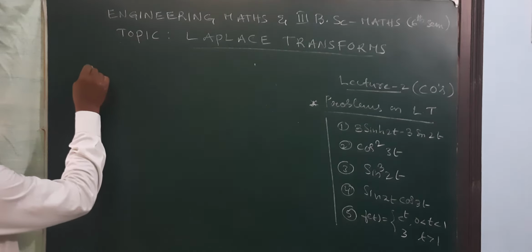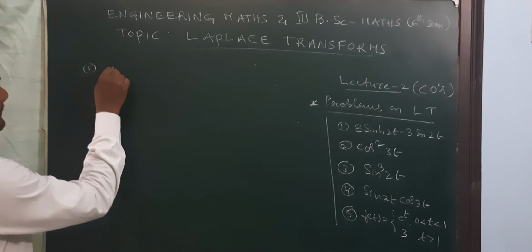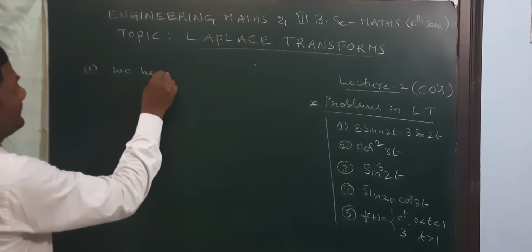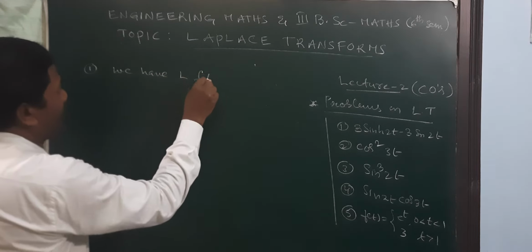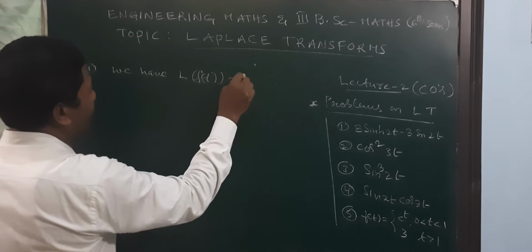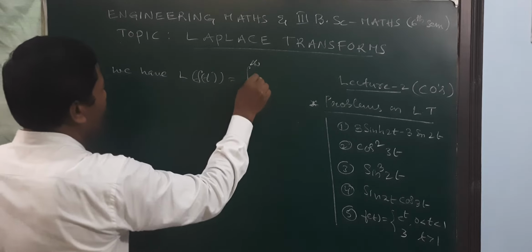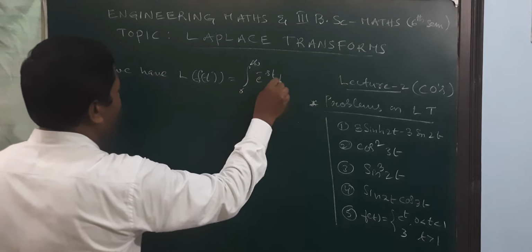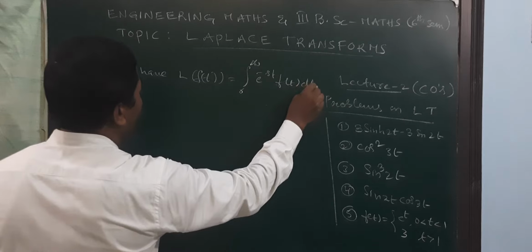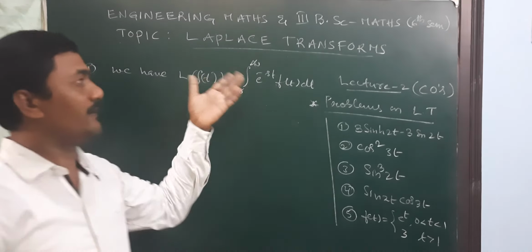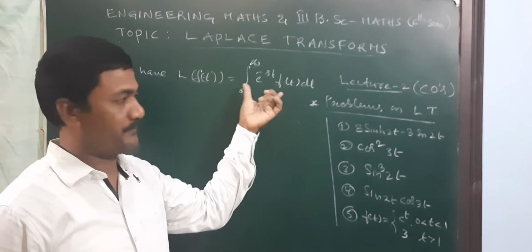Problem number 1. We have L of f of t is equal to, already we know it, integral from 0 to infinity e power minus st f of t dt. This is the direct formula for the Laplace transform, right?